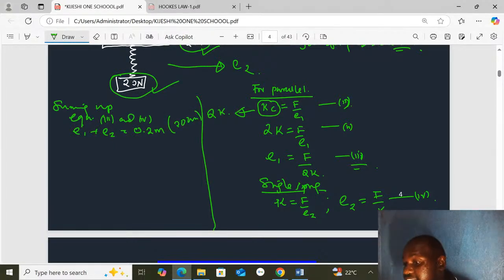That is the effective extension for the system. Then now we can proceed.